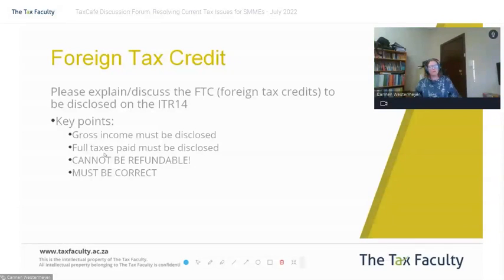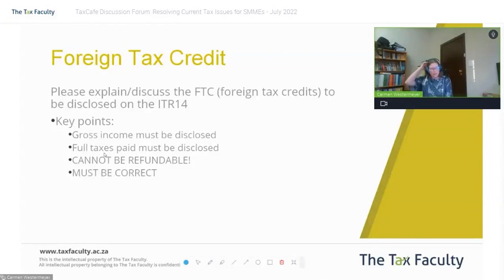But probably the most important criteria, which is often conveniently ignored in some cases, is that in order to claim the foreign tax credit, it's not enough that you must have paid it. You have to be able to demonstrate on request that the foreign tax was correctly paid, that it is not refundable, and that the other revenue authority actually had the authority to levy it.